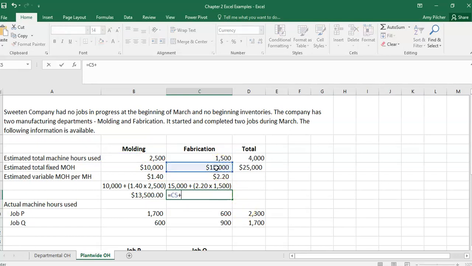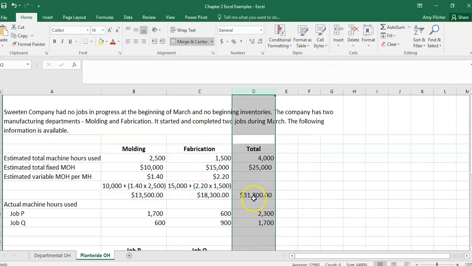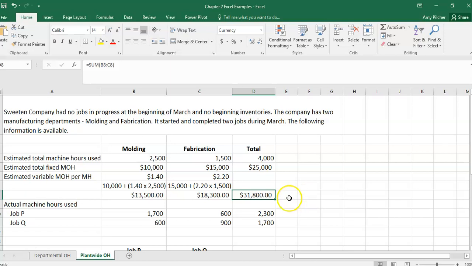We add these together and we have our total estimated overhead costs for the period.